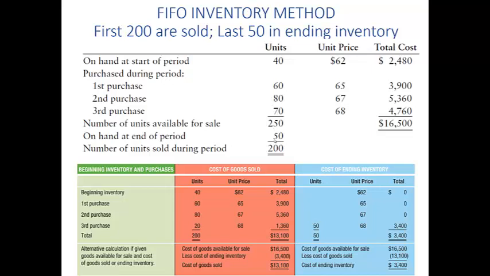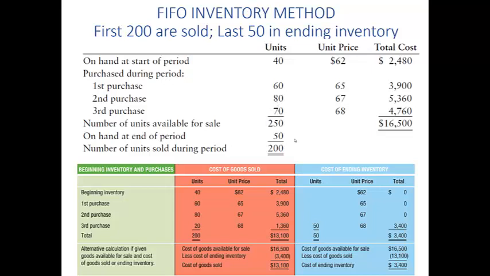of ending inventory. So when you're working with first in, first out, it's always easier to figure out the ending inventory because it's a fewer number. So if I need to find out the cost of these 50 units, I have to assume under first in, first out that the last 50 that I purchased here is what is left in my ending inventory.